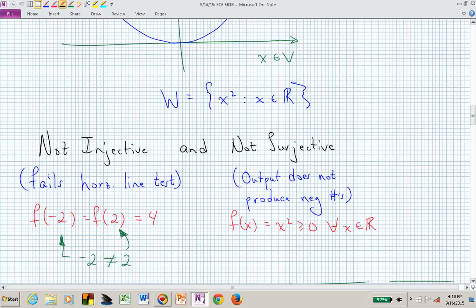It's not injective because it fails the horizontal line test, so that f of minus 2 is the same as f of 2, which is 4. And it's not surjective. We never go negative with a squaring function. Is that map linear?